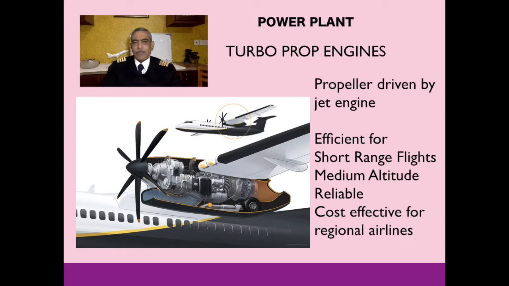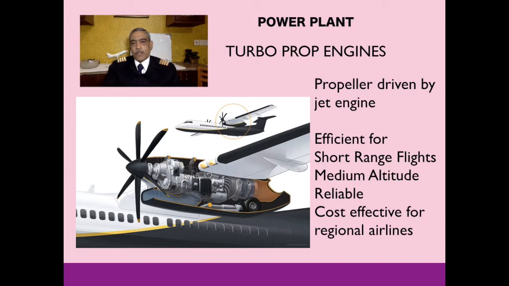You can say this is almost a combination of the earlier two types of engines, and it's actually a jet engine to which a propeller is attached through a reduction gear mechanism, etc. So this is very popular for our regional airlines aircraft, with seating capacity of 50 to 70 seaters, and flying not very long ranges, of 1.5 hours or 2 hours, maximum 2 hours flights. These are all very efficient for such types of flights.